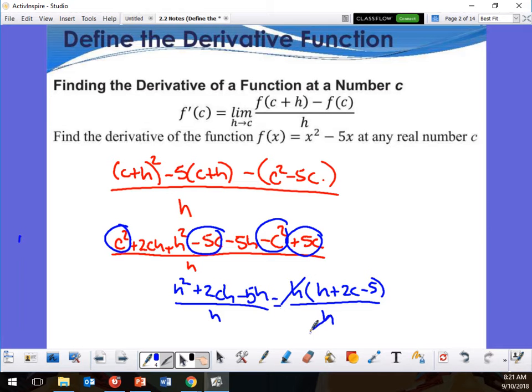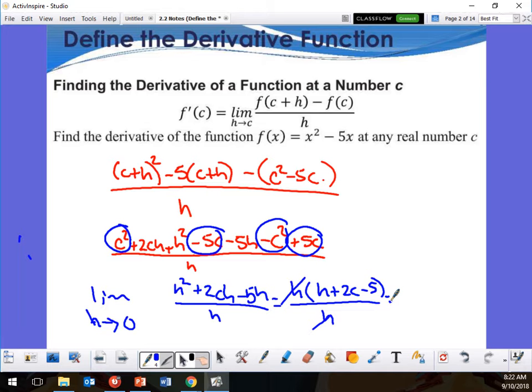And now we're taking the limit as h approaches 0. The definition of the derivative says we're taking the limit as h approaches 0. And so now, plug in 0 for my h.